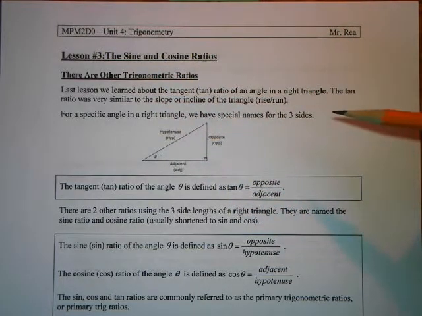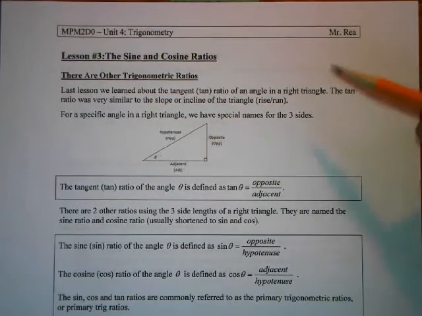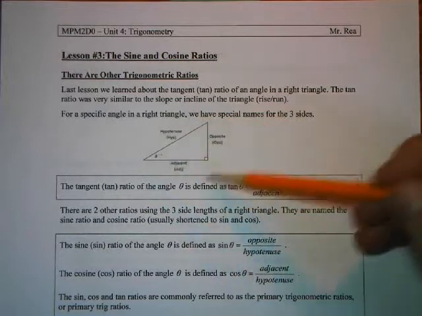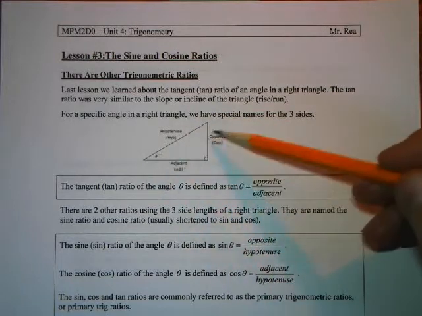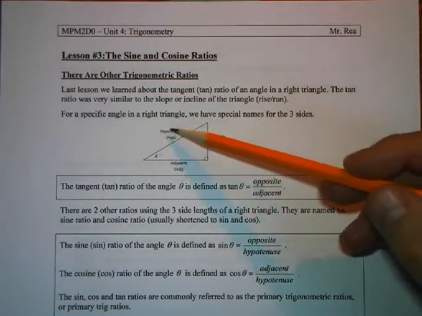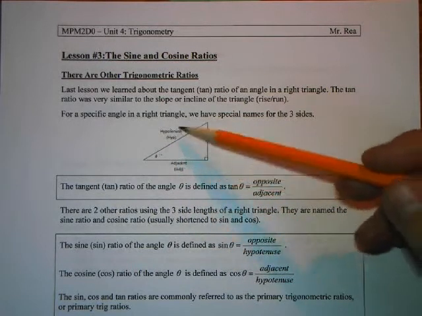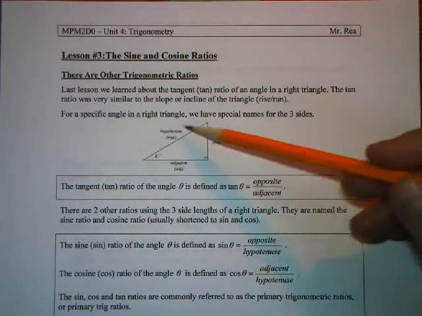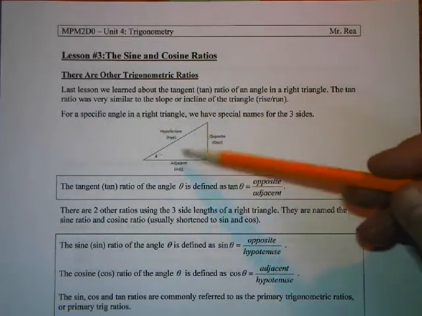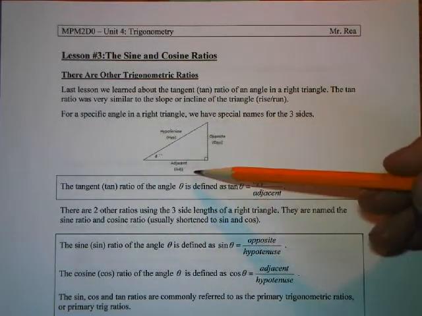So why do we have these? Maybe we aren't always given these two sides. Maybe we're given hypotenuse and opposite, or maybe hypotenuse and adjacent. Well, how would we find the angle if we didn't have both opposite and adjacent?